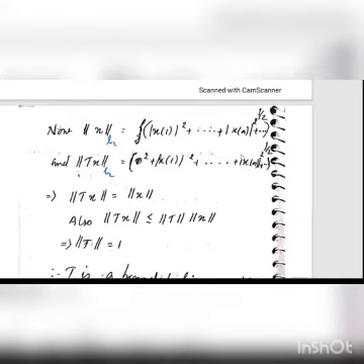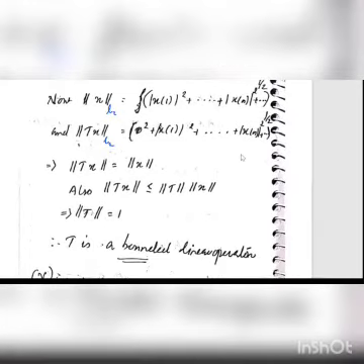Also we know that norm of Tx is less than or equal to norm of T into norm of x, but both sides are equal, so norm of T should be equal to 1. That means T is a bounded linear operator. It's a very simple one to say in your viva also. Whenever you are asked to give an example for a bounded linear operator, you give L2 space, and in L2 space you define the shift operator.